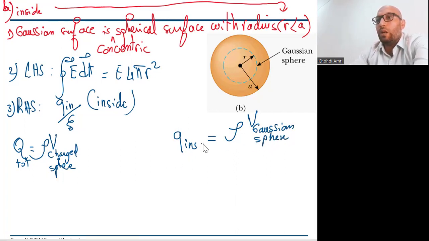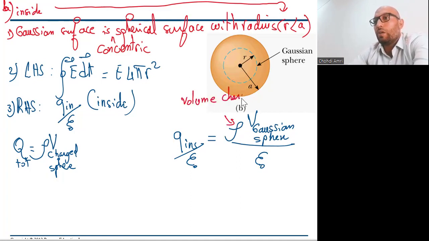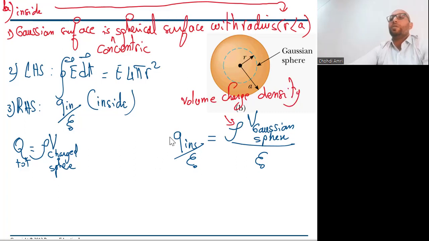And to calculate the right-hand side, we have to divide by epsilon naught. What is rho? Rho is called the volume charge density. The volume charge density.